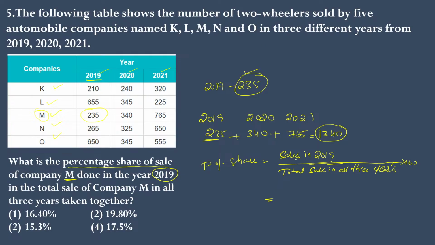So in 2019 we have 235 divided by 1340 into 100, and you get 17.5%. Option 4 is correct. Okay, next.